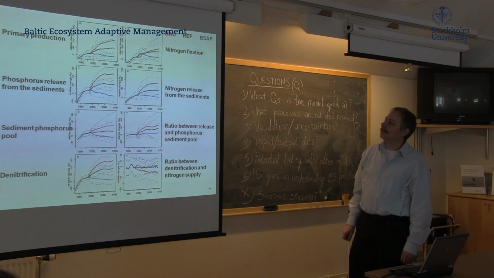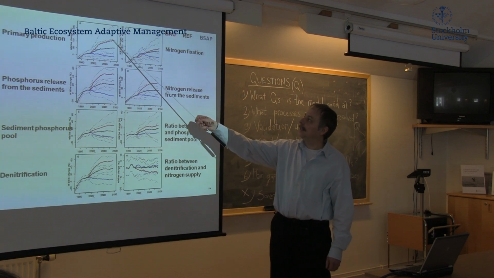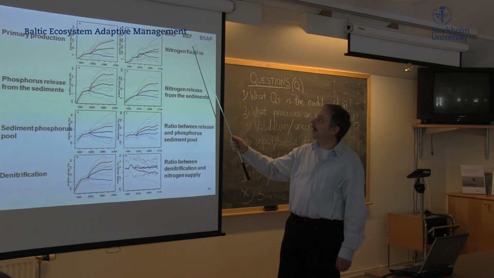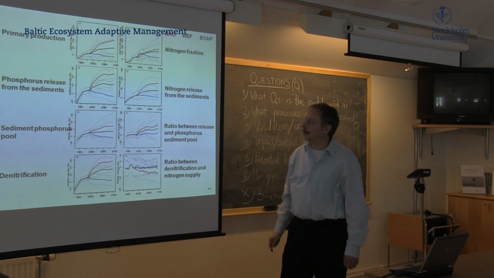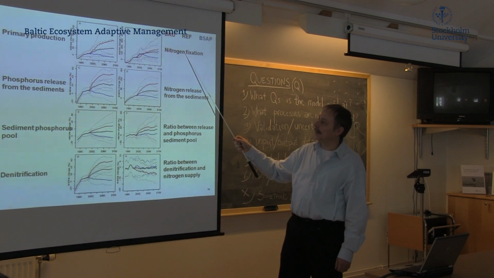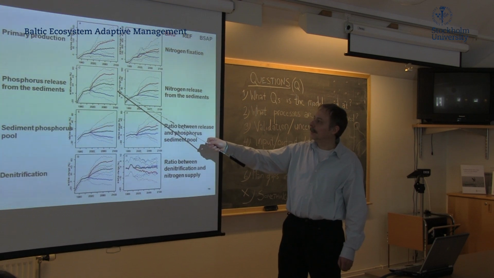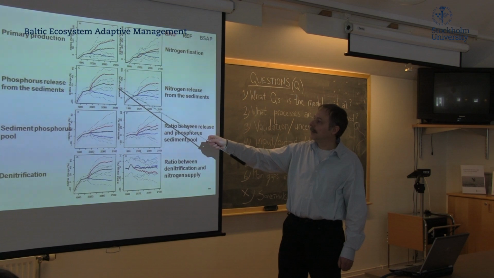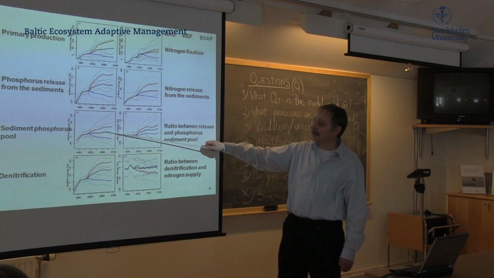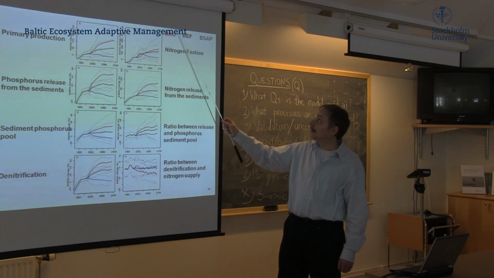If you calculate that, for the two scenarios where we have an increase in the supply, there's an increase in primary production. Nitrogen fixation is going up. The phosphorus release from the sediments is going up, but also the sediment phosphorus pool is going up in the red scenario, and even in the reference scenario.